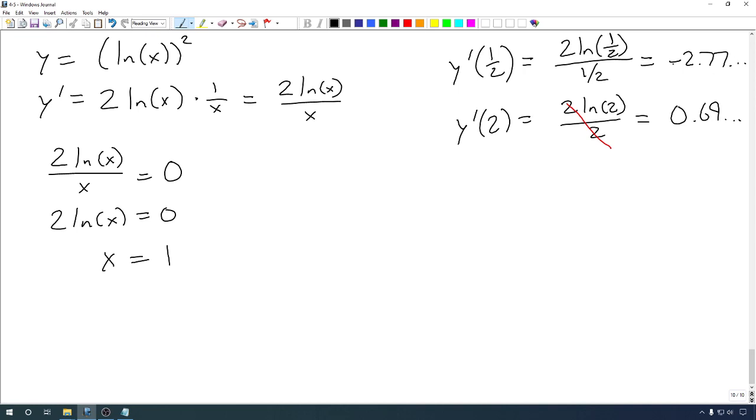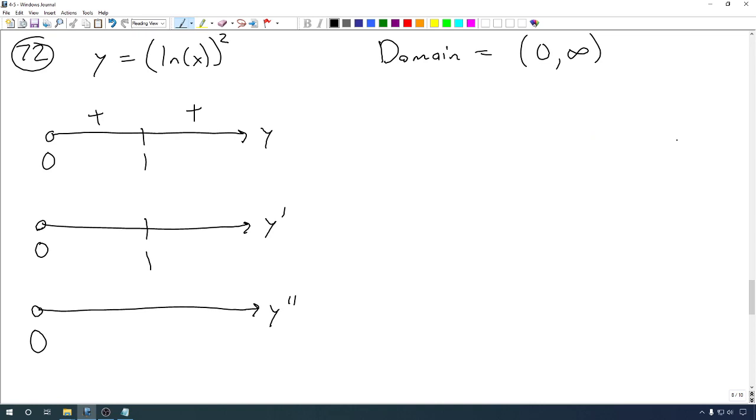But the point here is that for 1/2, I have a negative. For 2, I have a positive. And we can tell right now that our function was decreasing from 0 to 1, and then increasing from 1 onwards. And that means at 1, it has to be a relative minimum, because that's a decrease down to it and then increase up from there.